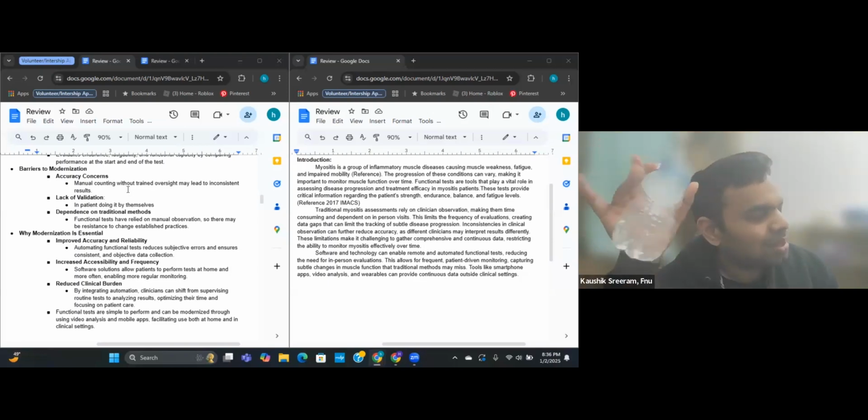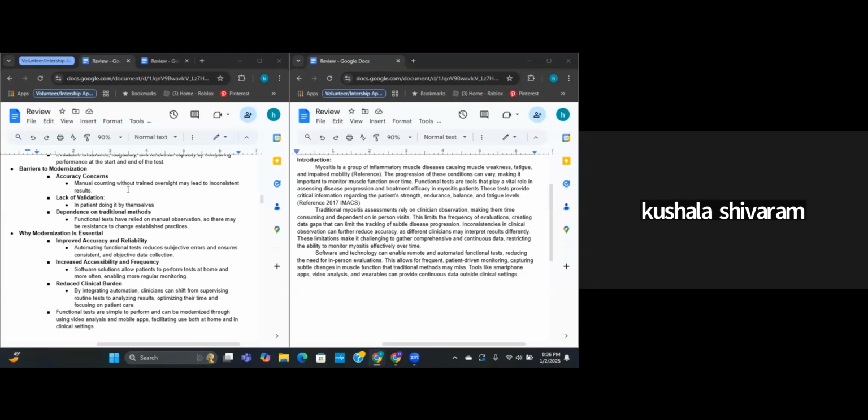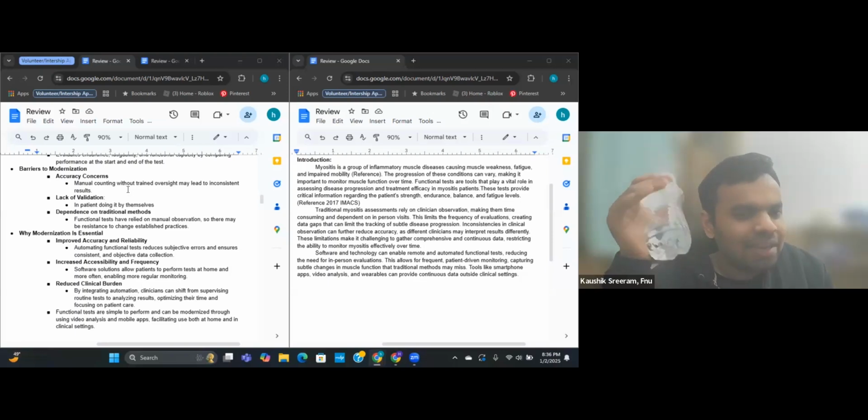So the goal of this, Kushala, you remember when we wanted to do the hypertension thing, the app-based reminder system we wanted to make? It was something similar to this, Hasini, where we wanted to remind people to take their blood pressure medication.